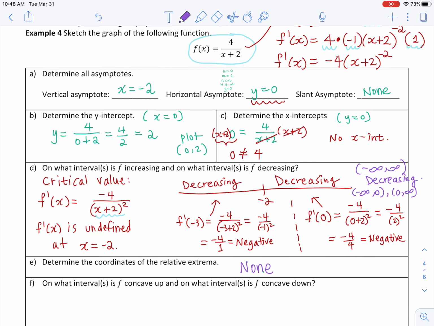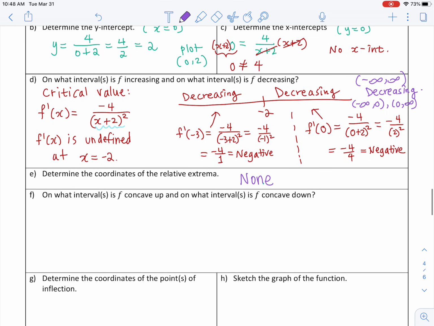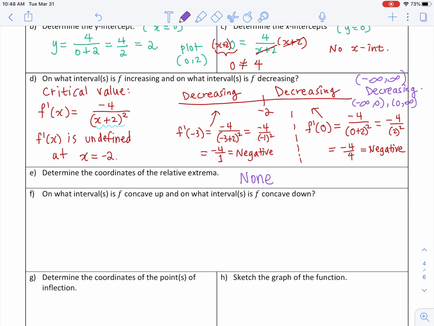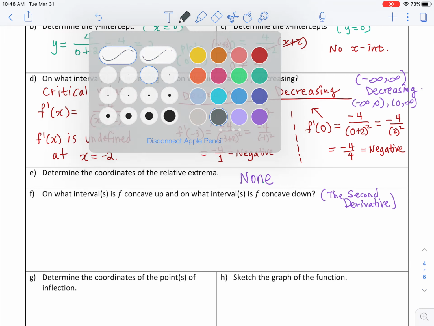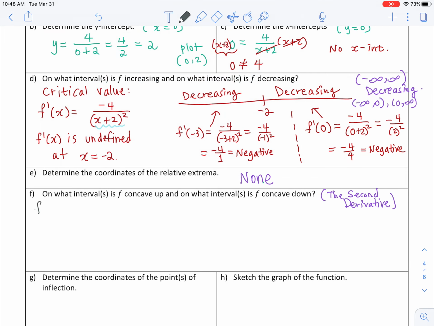All right, now let's go down to F. Oh no, we have to find concave up or concave down. Now guess what we're going to have to find? You need to use the second derivative. But don't be afraid to take derivatives in a calculus class. We can do this.